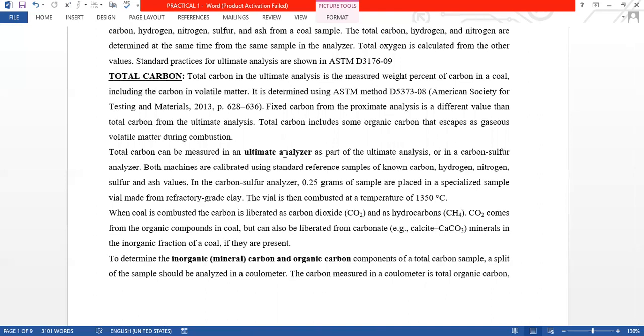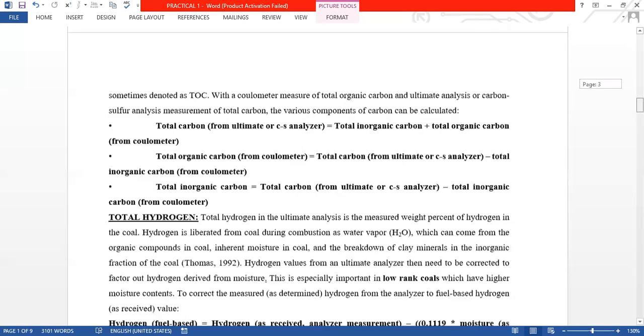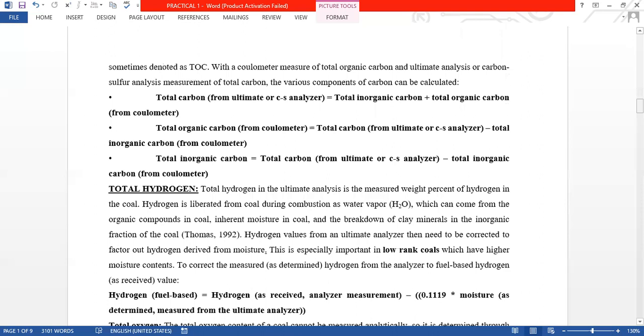To determine the inorganic carbon and the organic carbon components of the total carbon, a split of the sample should be analyzed in the colorimeter, and the carbon measured in the colorimeter is the total organic carbon, which is represented as TOC.